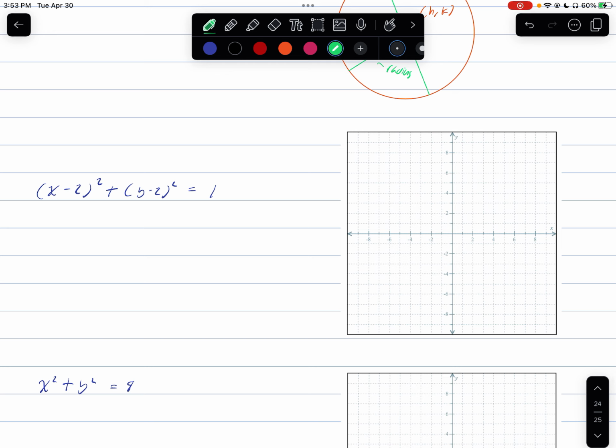So let's say we're given (x minus 2) squared plus (y minus 2) squared equals 1. The first thing we need to do is identify the center of the circle. Remember, the center is given by (h, k).